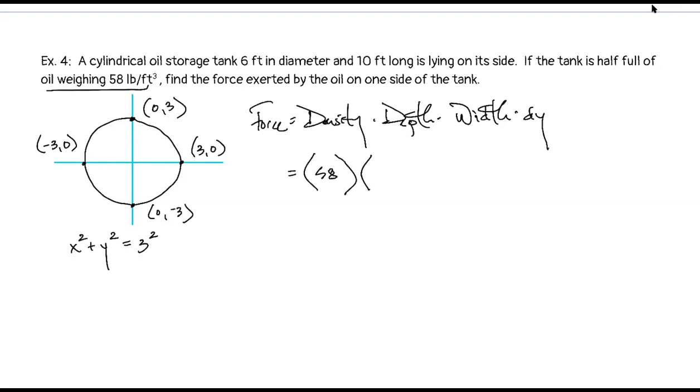Now, as far as the depth goes, what do we want to describe as the depth? Well, it's half full. So that means we've got the liquid in the bottom half of this. Good catch.